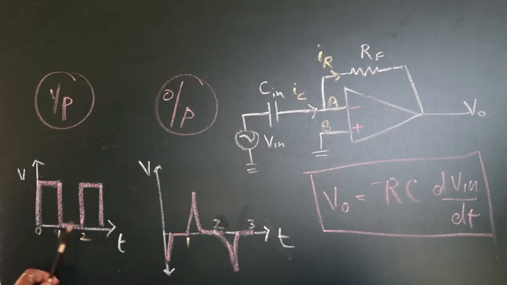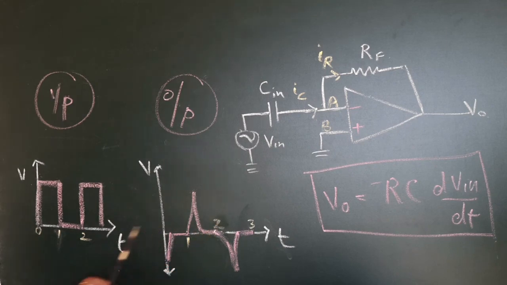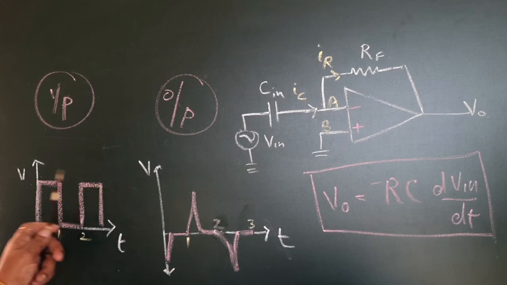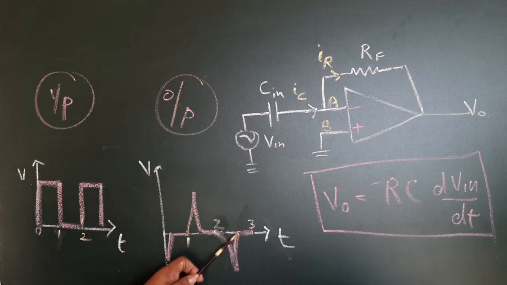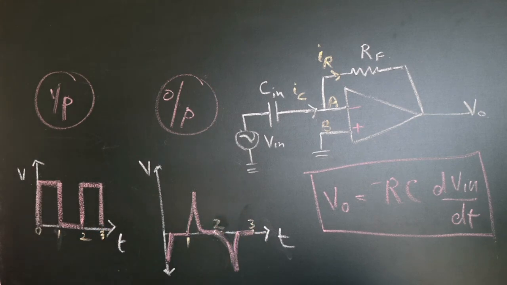Then it remains constant at 0 till point 2. Then there is a sudden rise at 2. It will appear as a negative spike here. Then it remains constant at a high voltage, so the output will go to 0 here. And finally at point 3, this would be the situation. So for an input voltage of this shape, your output is going to be a spike voltage like this. So a square wave converts into a spike wave with the help of a differentiator.